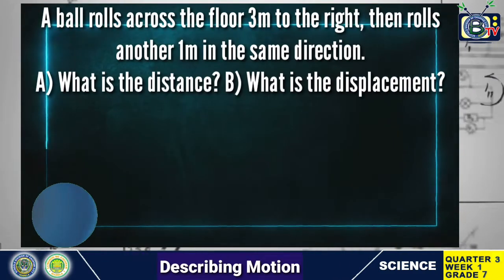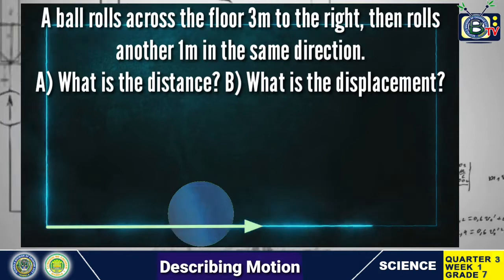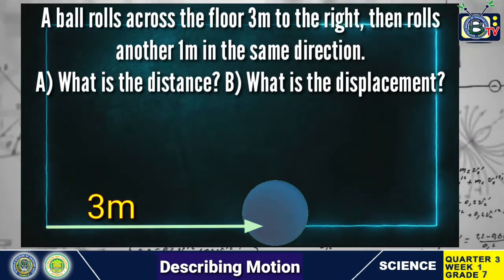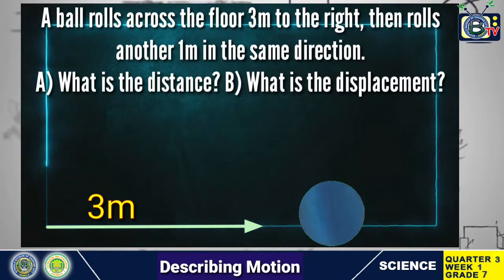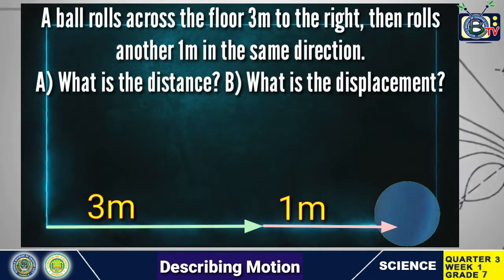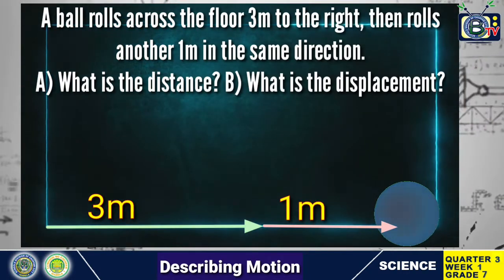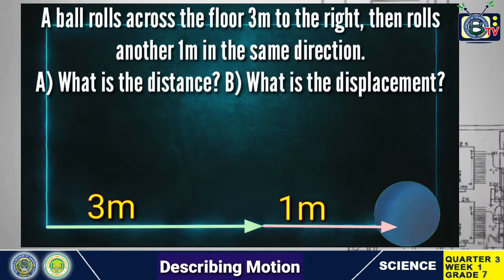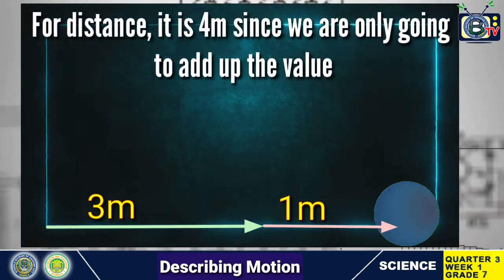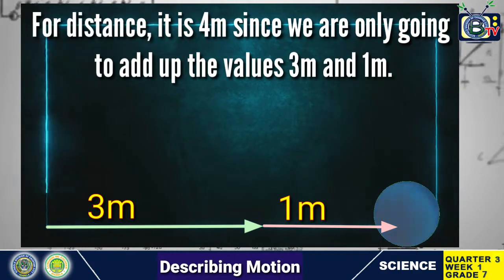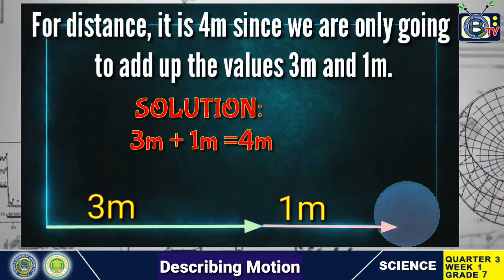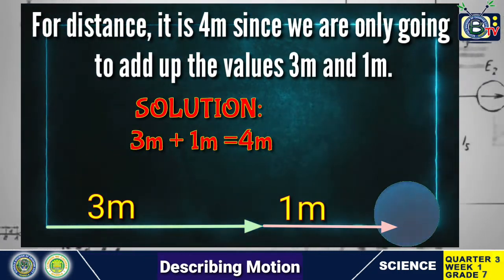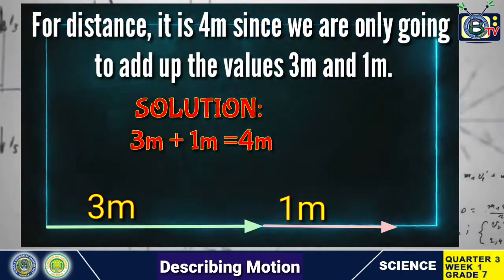A ball rolls across the floor 3 meters to the right, then rolls another 1 meter in the same direction. What is the distance and what is the displacement? For the distance, it is 4 meters, since we are only going to add up the values, 3 meters and 1 meter.